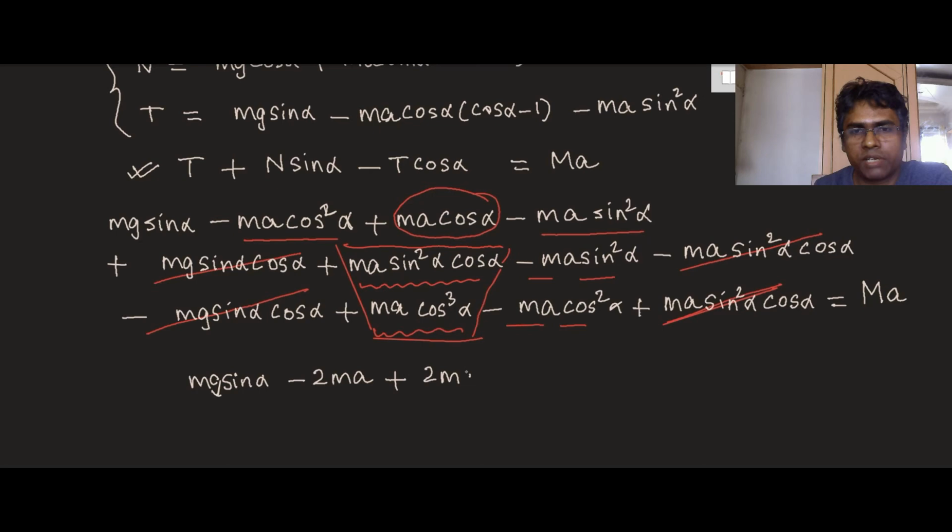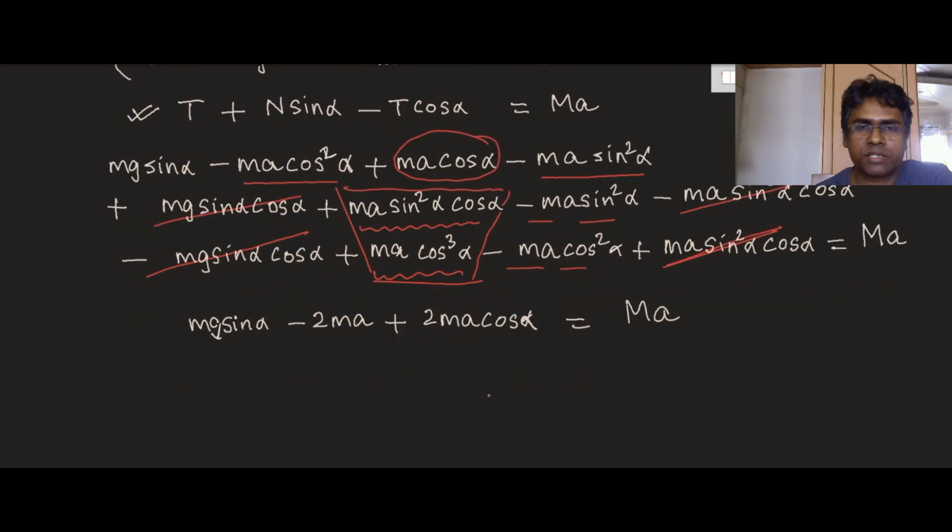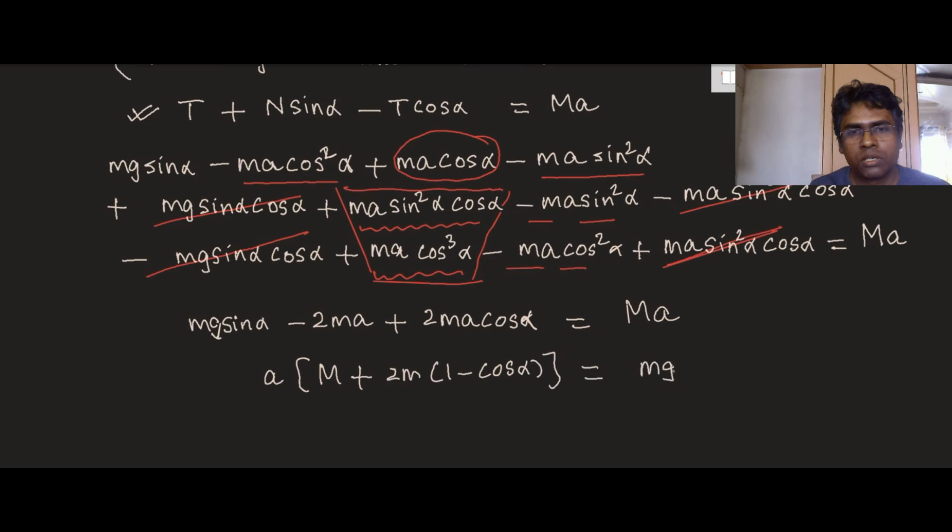Now if you send these terms with acceleration a to the right hand side, maybe we can write them on the left hand side. I take a common, and then I get capital M plus, I'll take 2m as common, and then I get 1 minus cos alpha. This is equal to mg sine alpha.